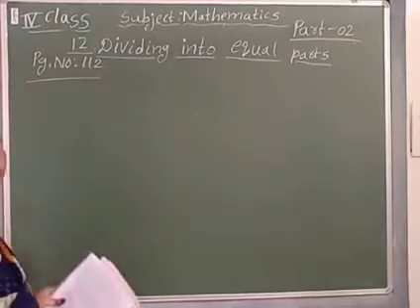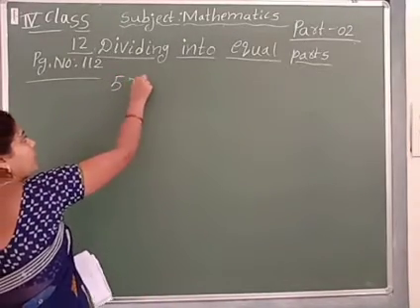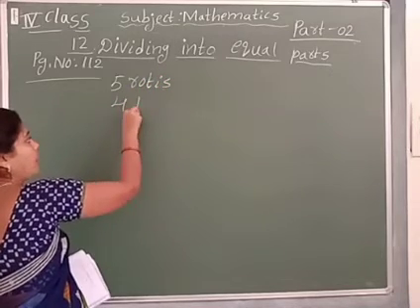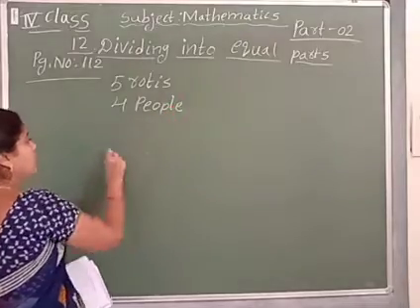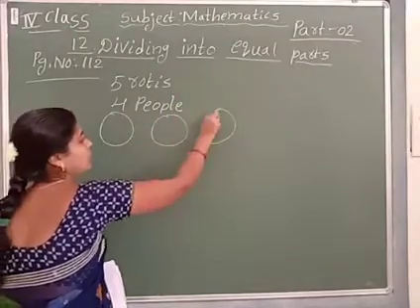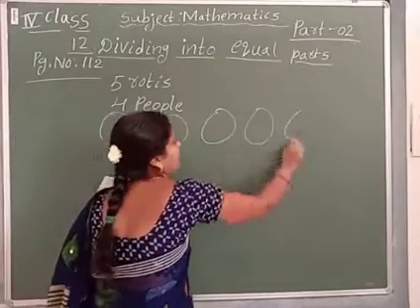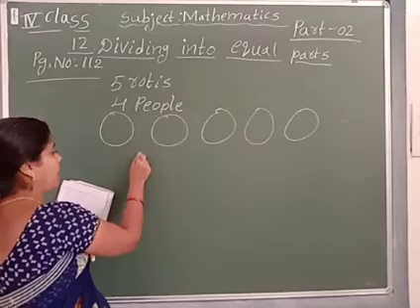Next, 5 rotis among 4 people. So 5 rotis: 1, 2, 3, 4, 5, among 4 people.